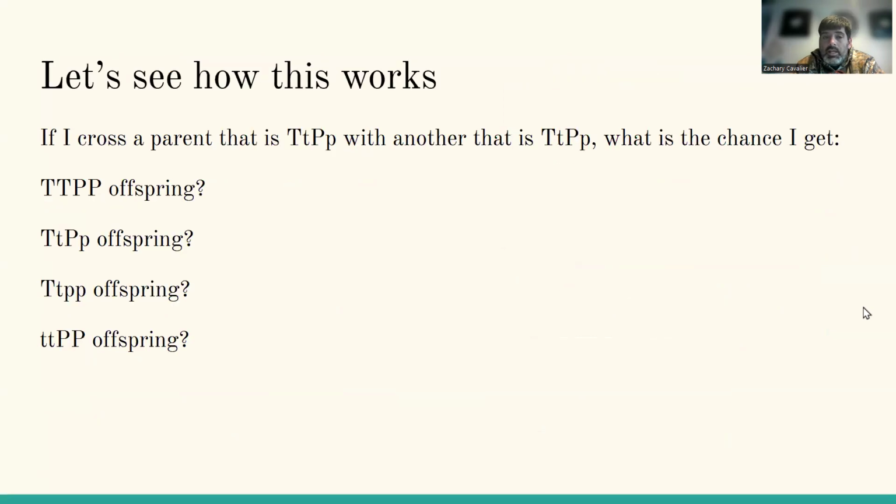Okay, so let's look at the next slide. I asked some questions here. If I had this possible outcome, big T, big T, big P, big P, what are the chances that I get that? Okay, so if I look at this, I'm going to do a little annotation here.